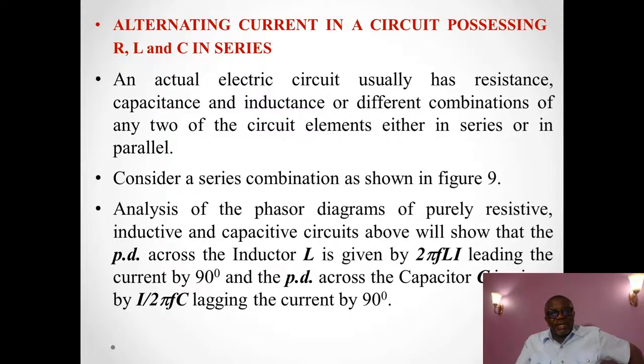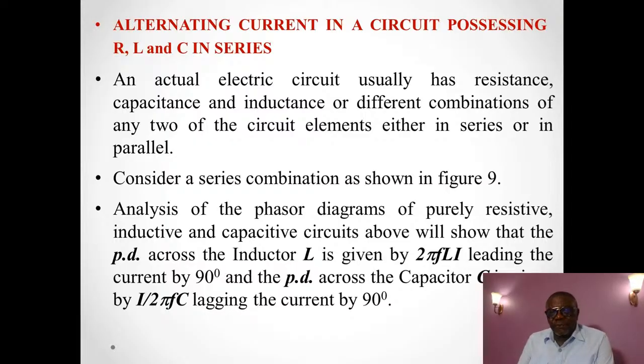So if we consider a series combination as shown in Fig 9, analysis of the phasor diagrams of purely resistive, inductive, and capacitive circuits will show that the potential difference across the inductor is given as 2 pi FLI. We have said that in the phasor diagram we drew for the purely inductive circuit, and this leads to the current being led by 90 degrees.